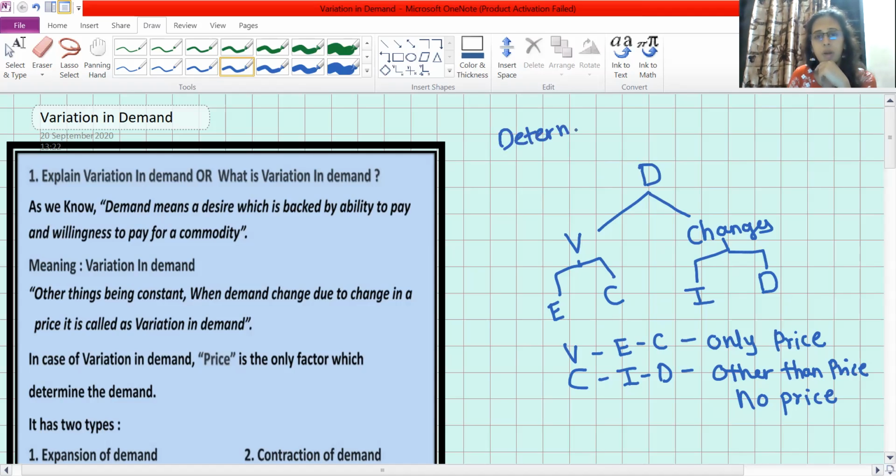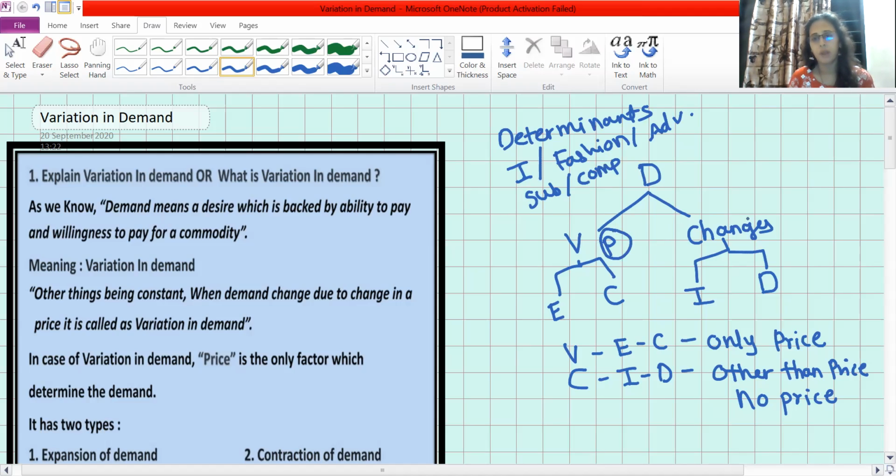Do you remember the determinants part, the factors which affect demand? It may be because of income, change in fashion, habit, advertisement, then change in price of substitute goods or complementary goods. We have studied different determinants. So what they have done, changes and variation: variation is taking place only and only because of change in price, and changes are taking place due to factors other than price. Other than price means any factors except price that determine demand.